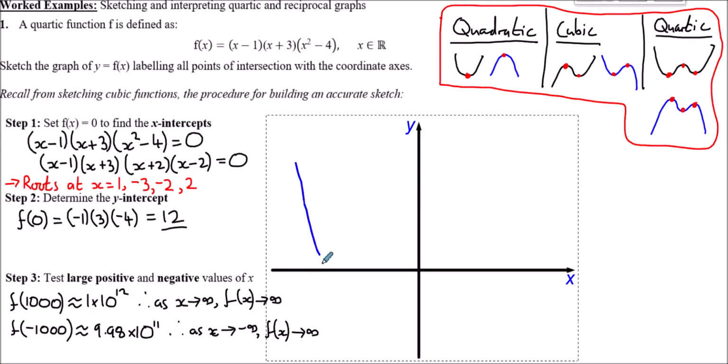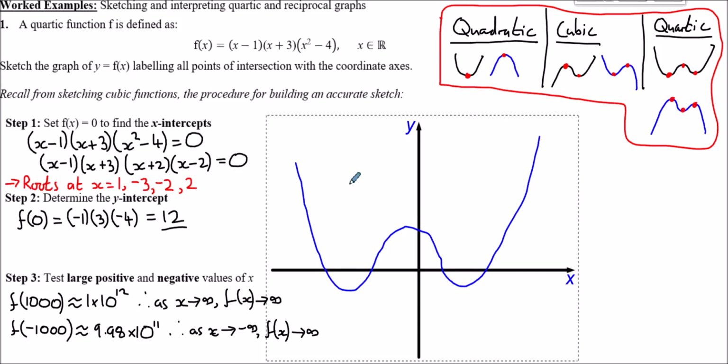So it goes through at -3, comes up through -2, crosses the y-axis at 12, comes down at 1, up again at 2, and up towards infinity. Let's get rid of that little tail there.